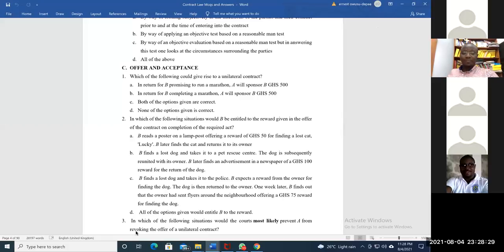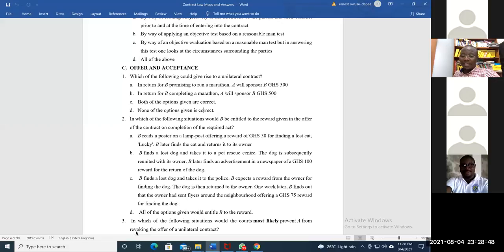Because if you look at B, the authorities are divided, I must say, when it comes to unilateral offer, especially accepting it in ignorance of the promise and reward.